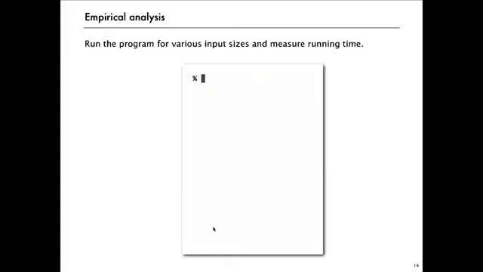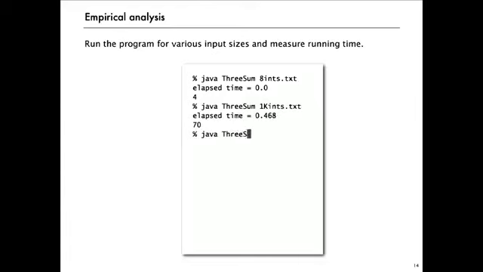Anytime you run a program, if it's set up to easily take input of different sizes, a natural thing to do is just run it for bigger sizes. So for 8 ints, this program takes not too much time.